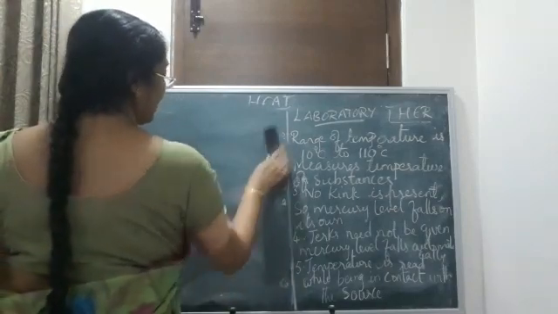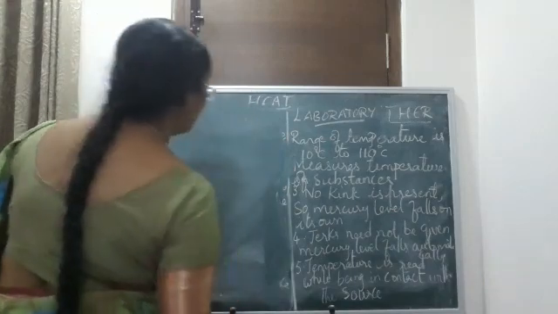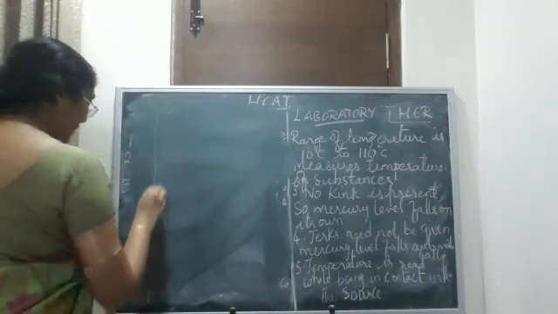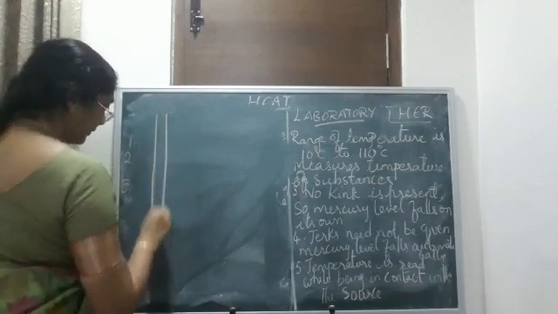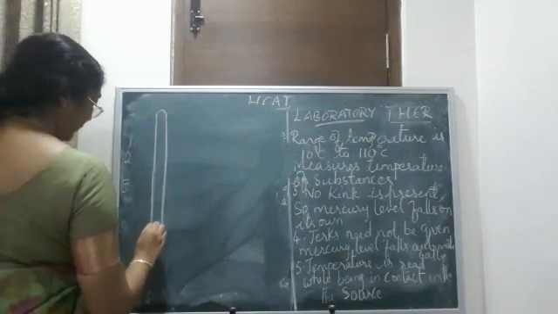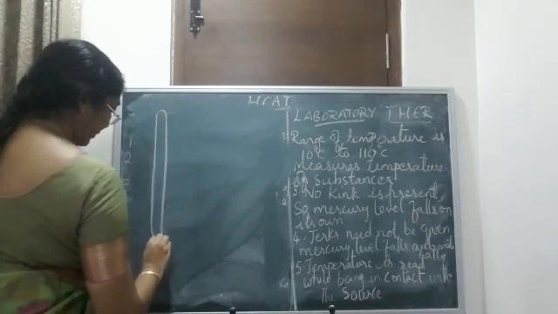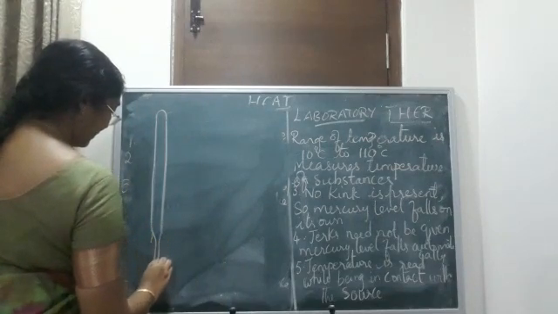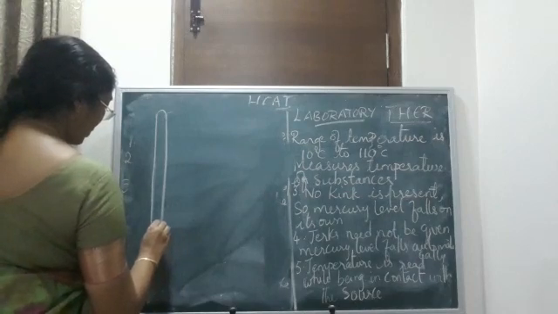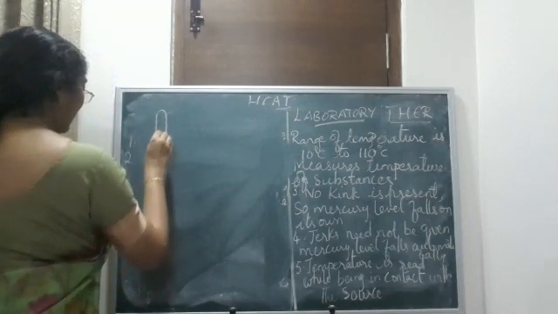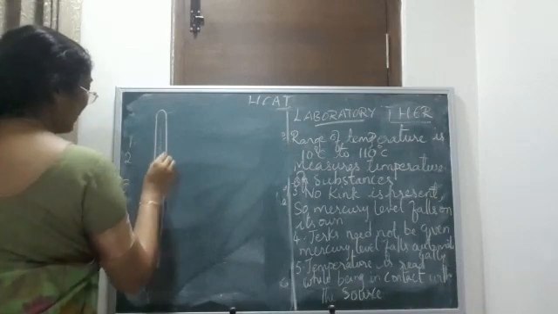How is this kink? Let's see. In the case of a clinical thermometer, this is the glass tube. This is the bulb which is filled with mercury. And this is a small capillary tube that runs here, and then it will have graduations, right?